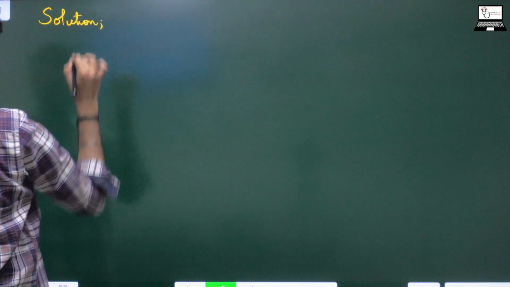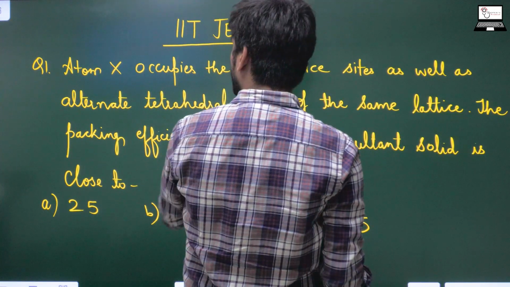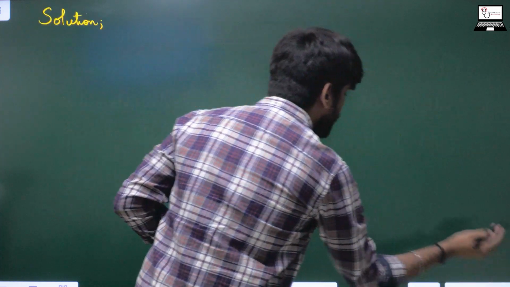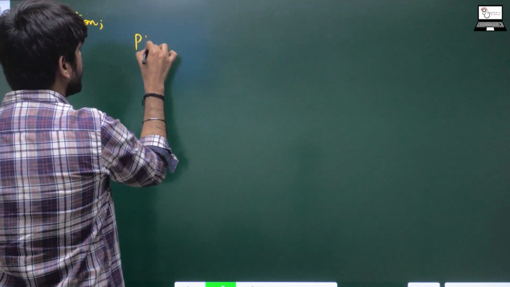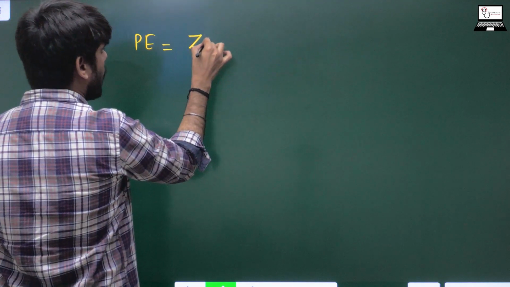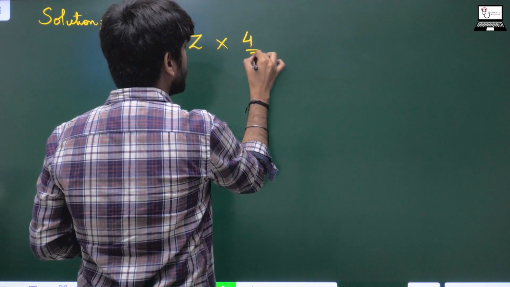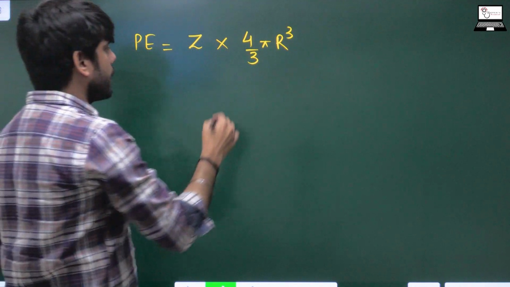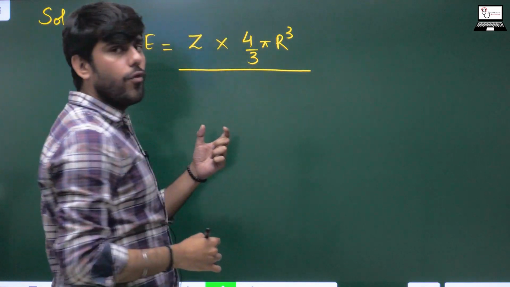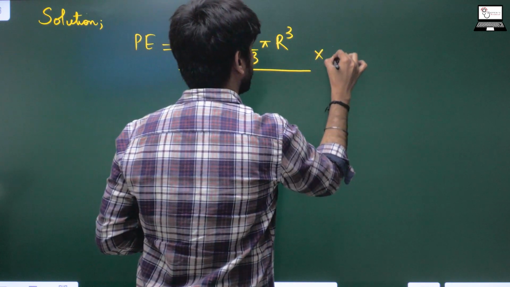Now, the atom occupies the FCC lattice as well as alternate tetrahedral voids. So, first of all, if I want to calculate the packing efficiency, I need the number of atoms, right? Multiply by the volume of each atom, 4 by 3 pi r cube, divided by the total volume available, that is a cube, into 100.